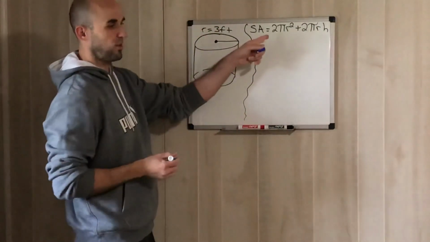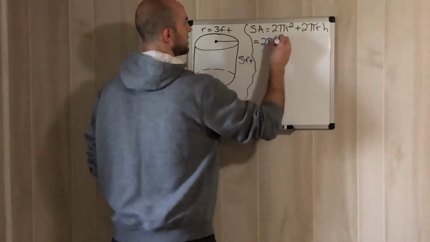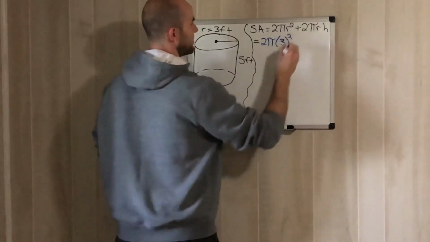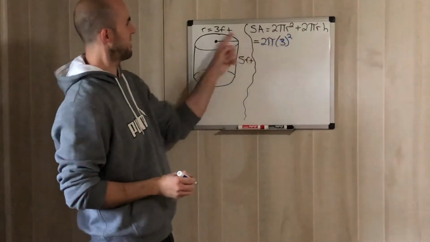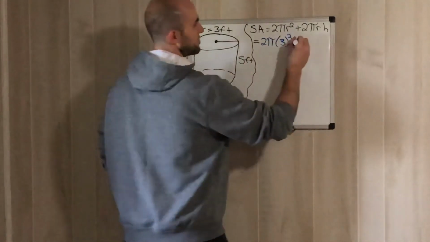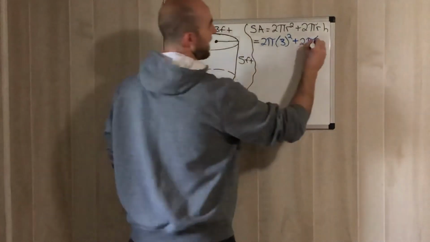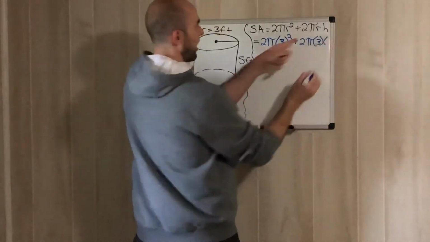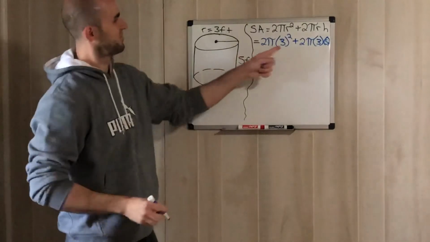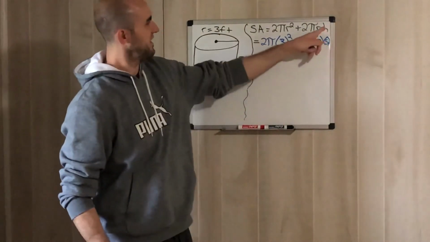Substituting, it's going to be 2 pi, the radius is 3 squared, plus the second part, which is 2 pi, the radius is 3 again, and the height is 5. So it's 2 times pi, the radius is 3, and the height is 5.